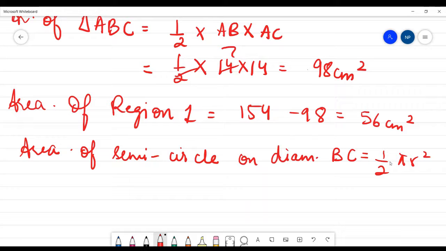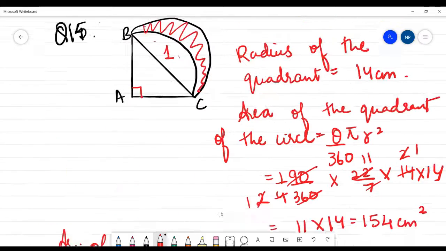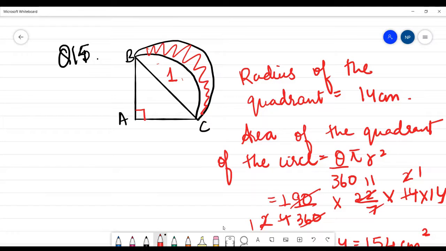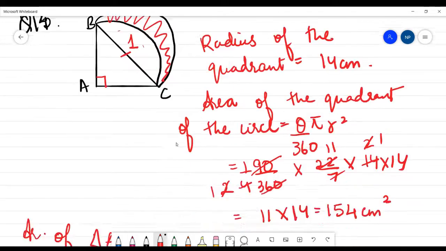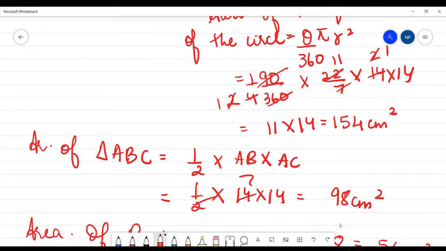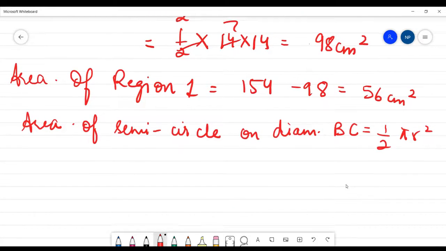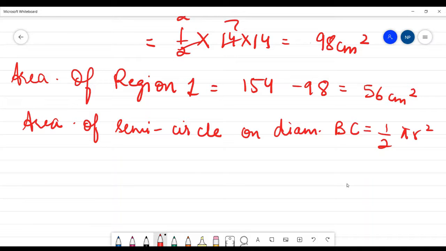Now what will the radius be, children? If you see this particular diagram, it will be half of the length of BC. For that we need to use the Pythagoras theorem to find the hypotenuse. So the area is equal to half into pi r square, and instead of the radius we write half of BC.